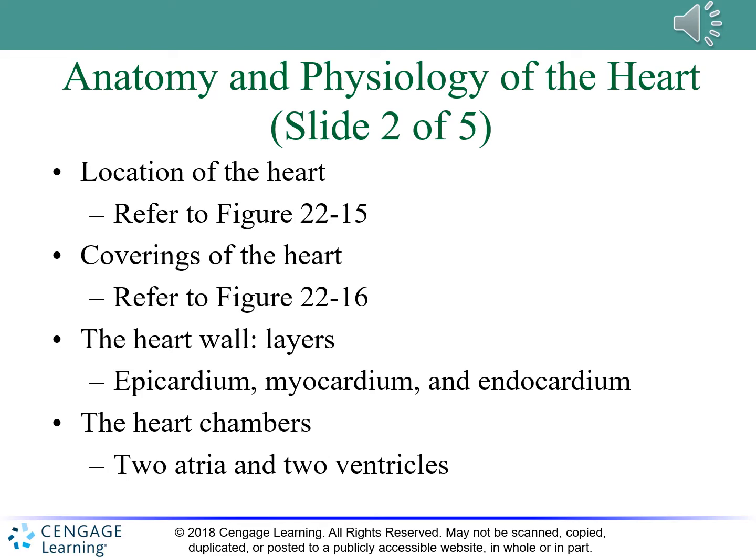Okay, so let's talk about the location of the heart. And you're going to do a lot of writing. So the third bullet, it is located within the mediastinum with 2/3 of the organ on the left side. So we're going to be writing some things.